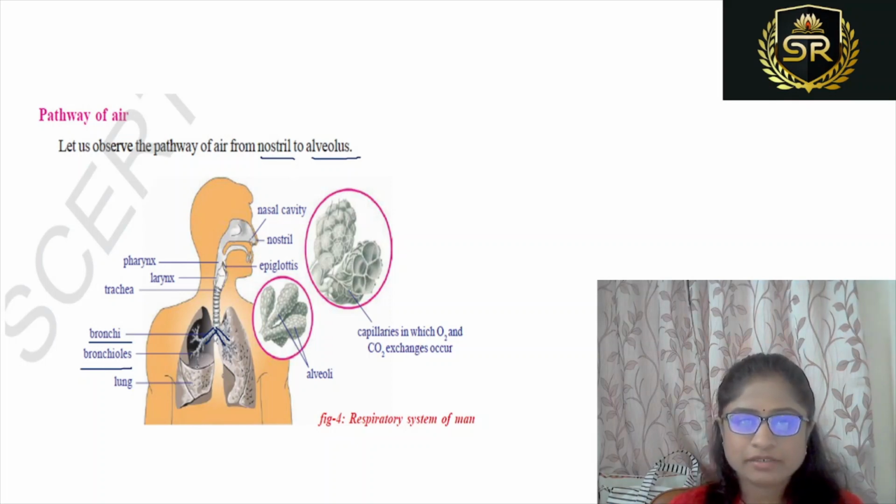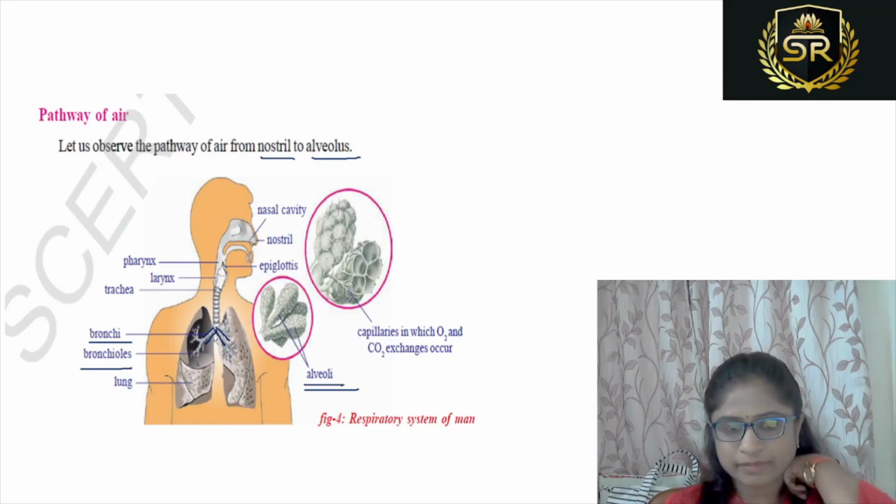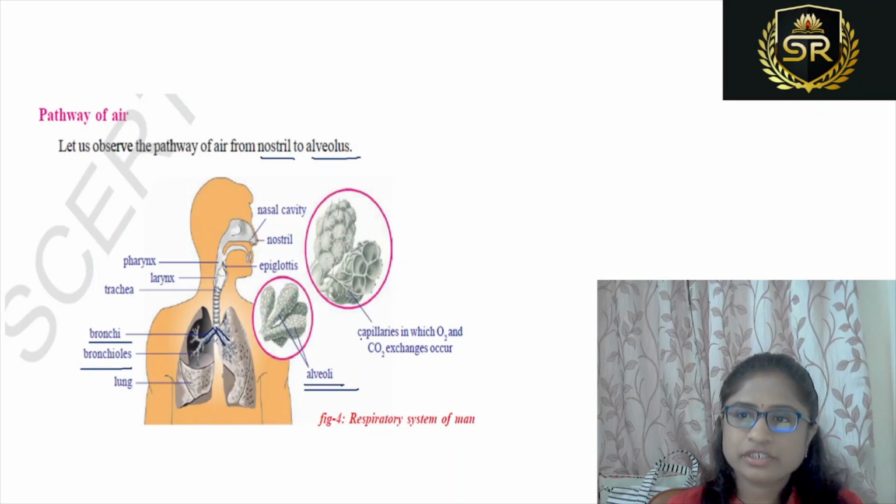The last part, where the bronchioles end, is called the alveoli. These are surrounded by capillaries, and in them the exchange of oxygen and carbon dioxide occurs. So this is the complete sketch of the respiratory system of man.